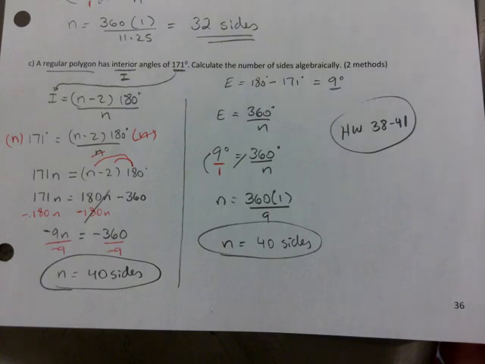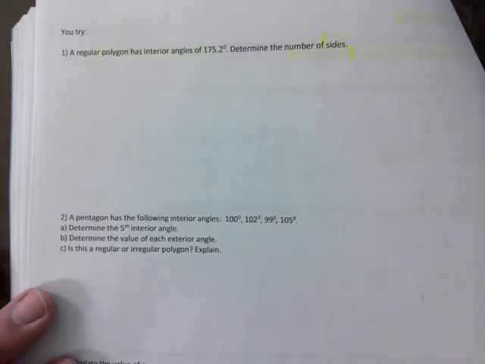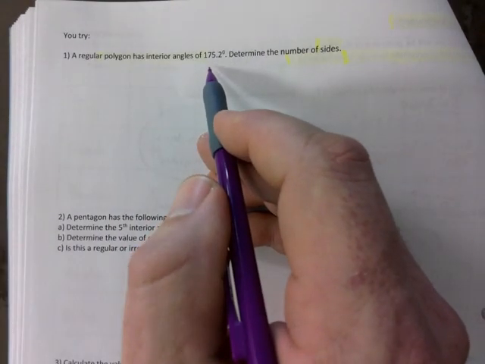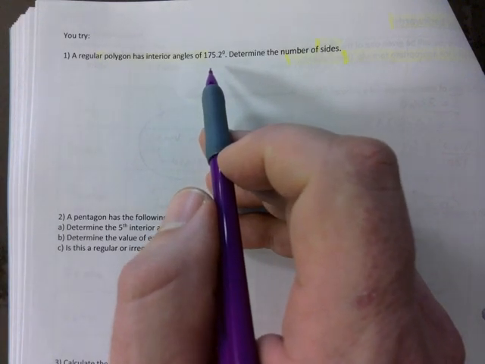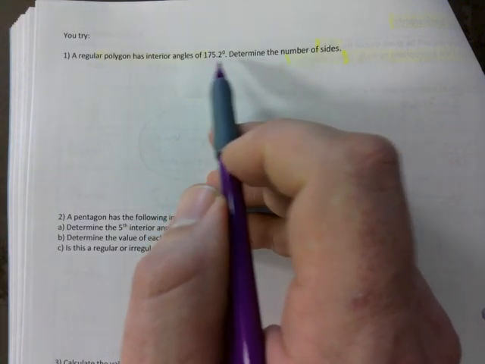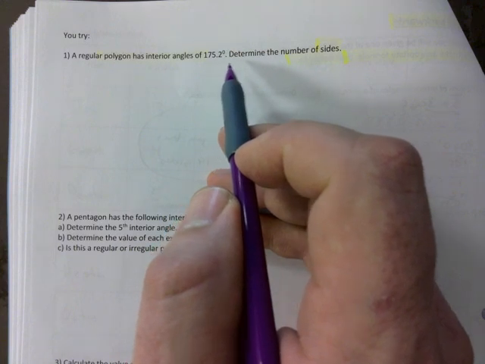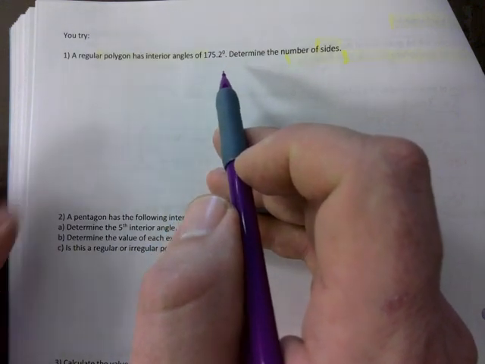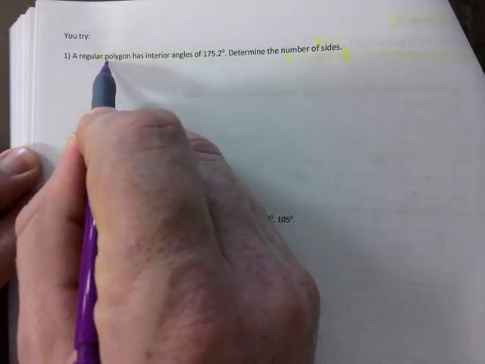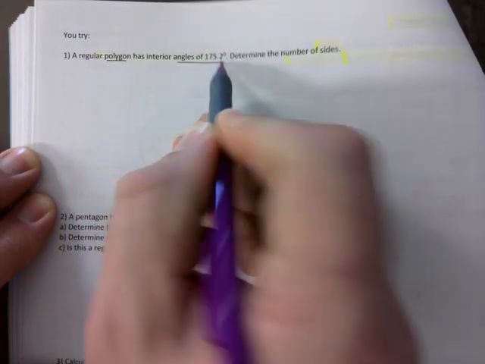Let's go to 37. I'll get you to do a little bit of work here. I don't expect anybody to have done this one already on page 37, because I didn't assign it. Anybody solve this one? Okay, so that's going to be our warm-up today. A regular polygon has interior angles of that.